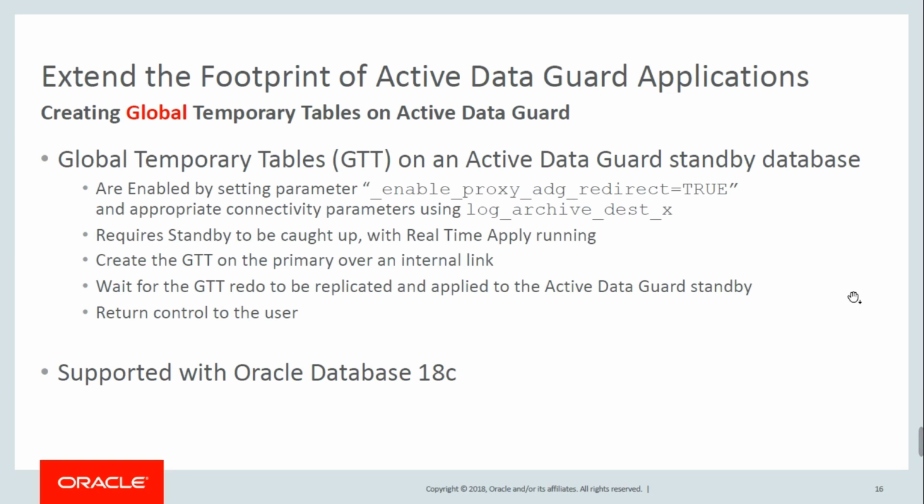We need the standby to be caught up with real-time apply running. Create the GTT on the primary over an internal link, wait for the GTT redo to replicate and apply to the Active Data Guard standby, then return control to the user. It is supported with Oracle 18c onwards, so it is supported only on 18c.